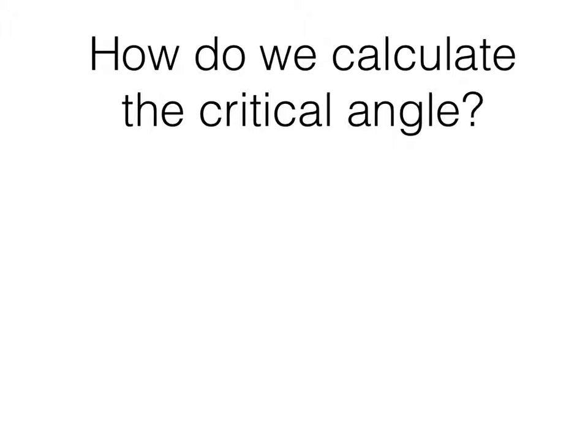What we say is that my refractive index, which you should remember from your previous lessons, as being equal to sine of the incident angle divided by sine of the refracted angle, is equal to 1 divided by sine of this critical angle. So if I already know what my refractive index is, then I am able to find what my critical angle could be.